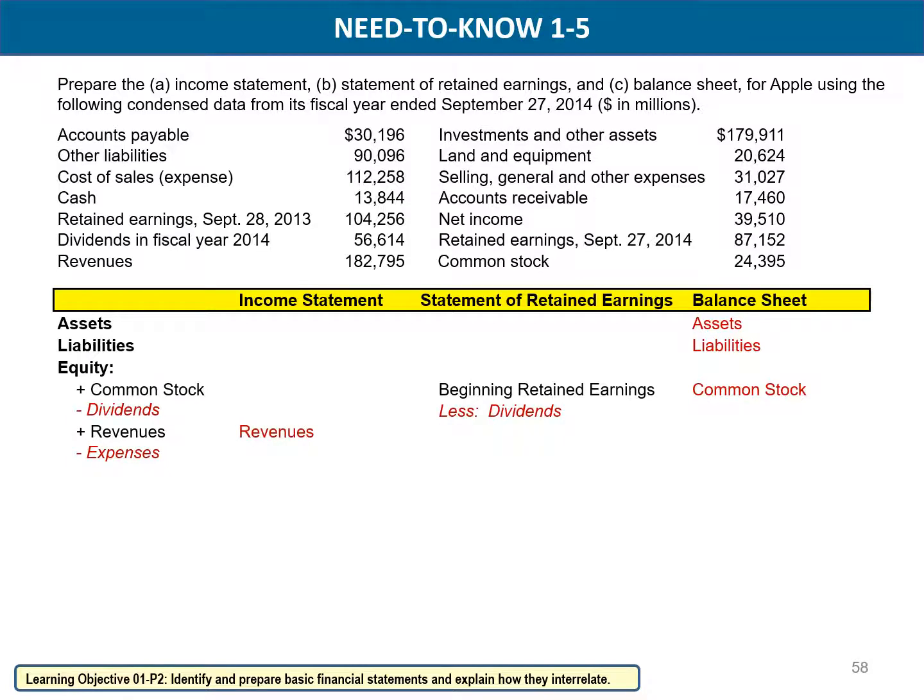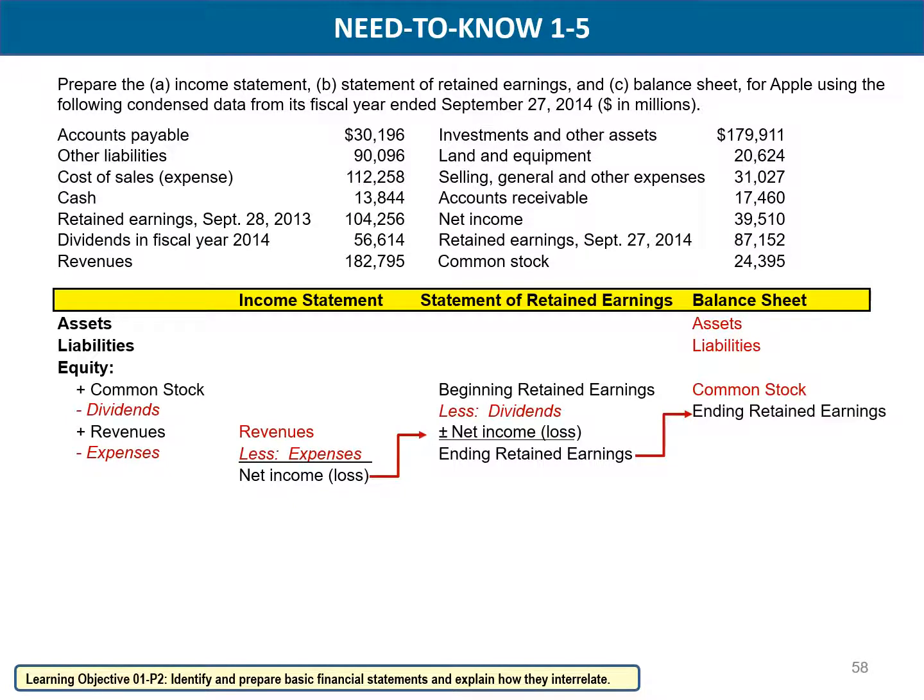On your income statement, you have revenues less expenses, which equals net income. That net income flows to your statement of retained earnings. So then you get beginning retained earnings less dividends plus net income or minus net loss for your ending retained earnings. And then your ending retained earnings flows to your balance sheet.